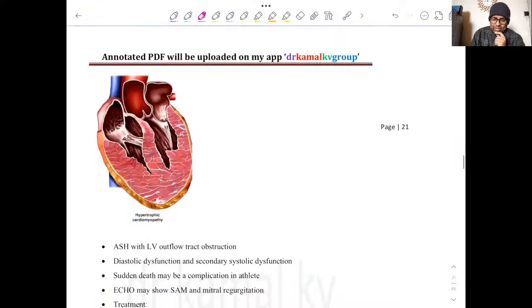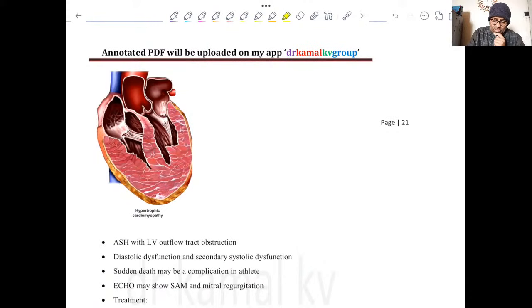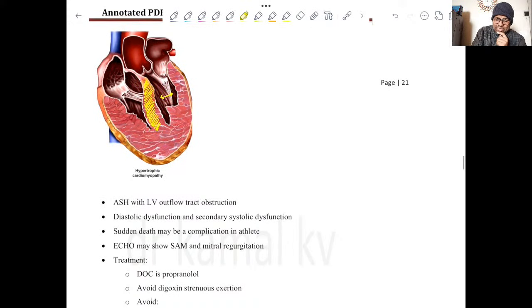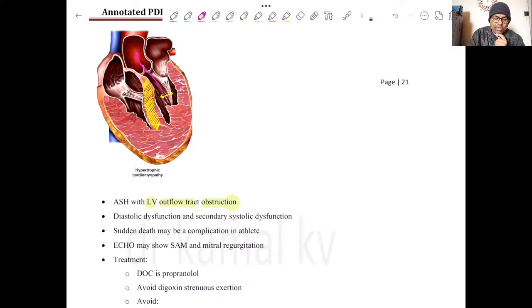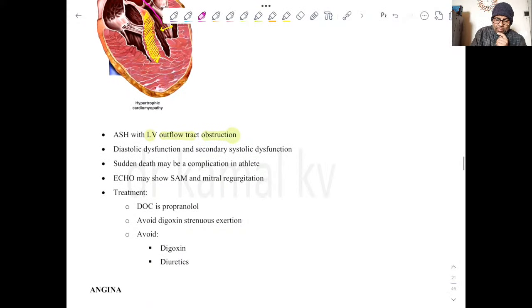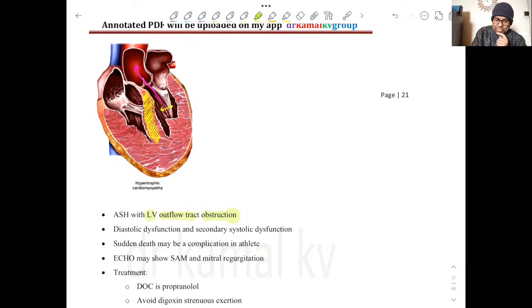So now what is happening here? You can see here, this is the interventricular septum, which is asymmetrically thickened, and it reduces the size of the left ventricle. So what we say, there is left ventricular outflow tract obstruction. So the blood cannot move from the left ventricle to the aorta properly. So one problem is diastolic dysfunction.